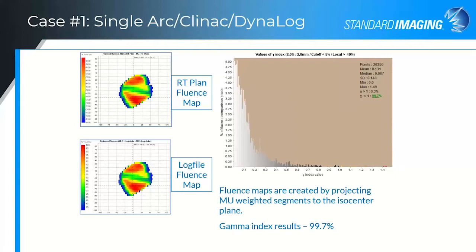In this case, there's a gamma 2%, 2 millimeter criteria with a threshold of 5% specified in the calculation, and this results in a 99.7% pass rate. This value clearly exceeded the thresholds for alert or tolerance, so no action is required for this session.